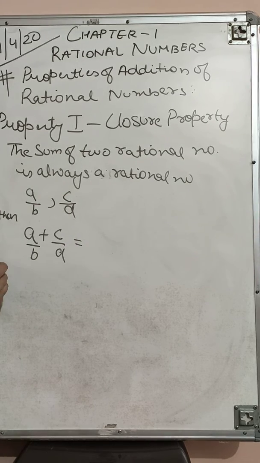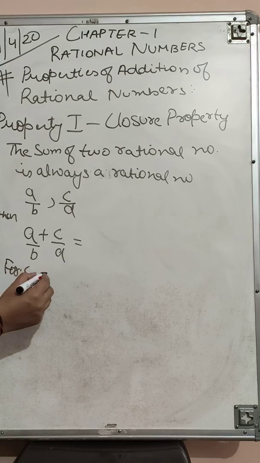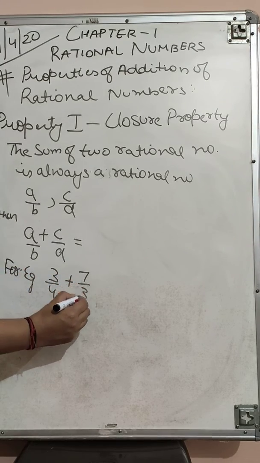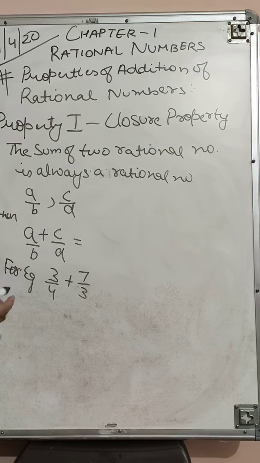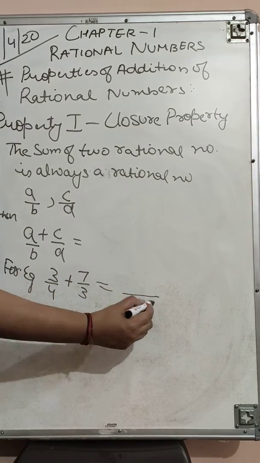For example, if I take 3 upon 4 plus 7 upon 3. Now solve it. 4 and 3 LCM will be 12.